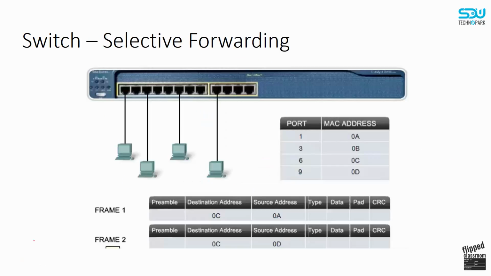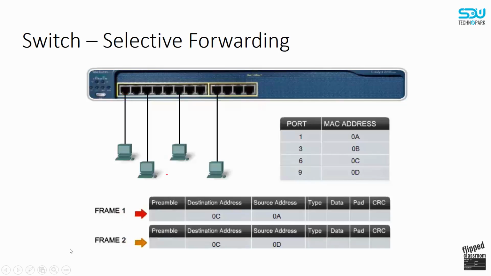Alright, now we'll take a look at the functionality of the switch, how the switch makes selective forwarding. A switch uses the MAC address table, and it uses the destination MAC address field in the frame. Let's take a look at this example.